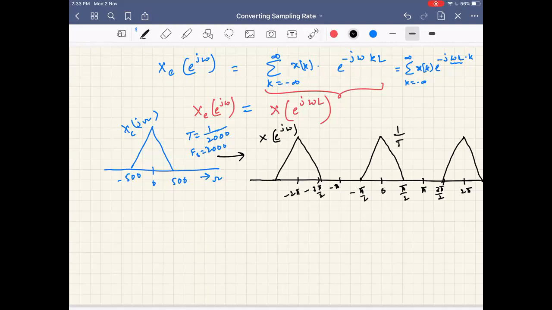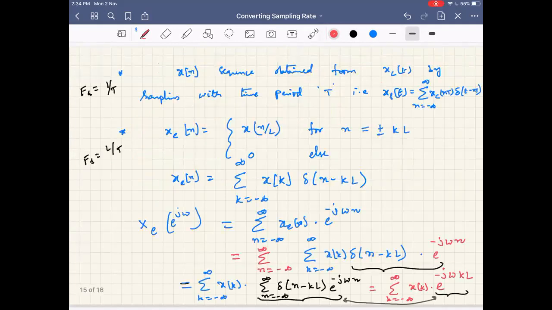Now what is the effect of upsampling here? If I want to sketch the expanded spectrum, what will happen to the omega axis? In the time domain, the number of samples has increased L times per cycle.